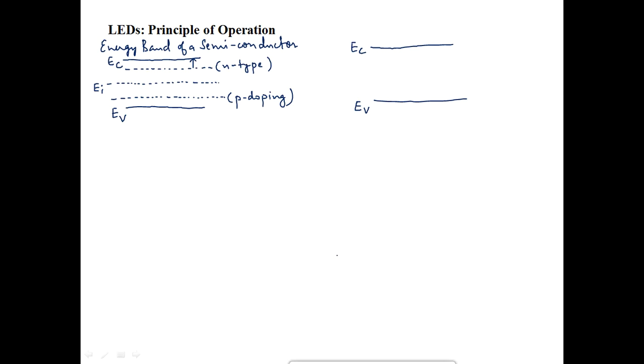Let us not worry about whether the semiconductor is intrinsic or doped. But the point is, whenever no external energy is being supplied, usually the electrons will be in their stable state, or the ground state.